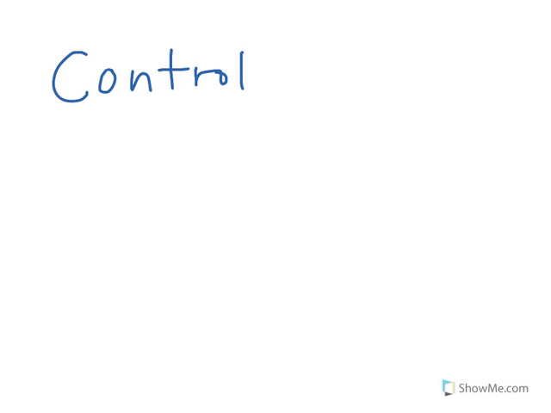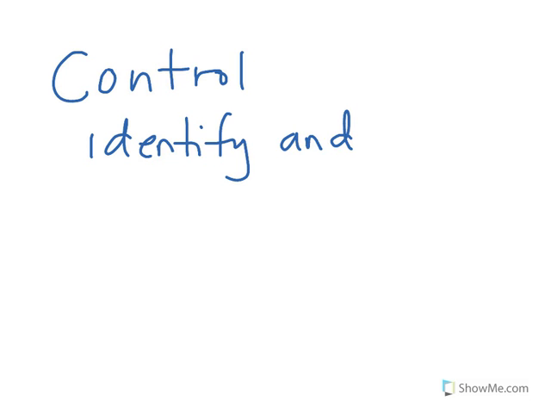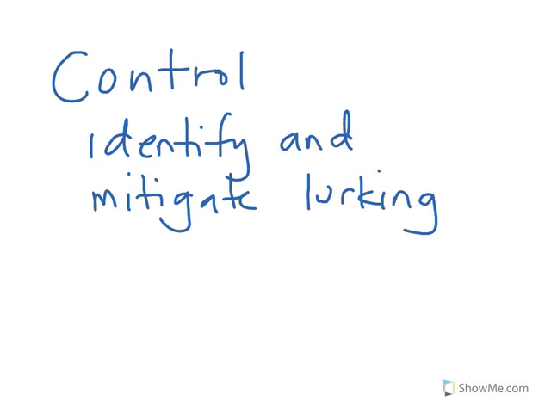So when we deal with control, we try to identify lurking variables before we conduct the experiment, and we try to mitigate those as much as we can. Usually, we do this in part just by having a control group.